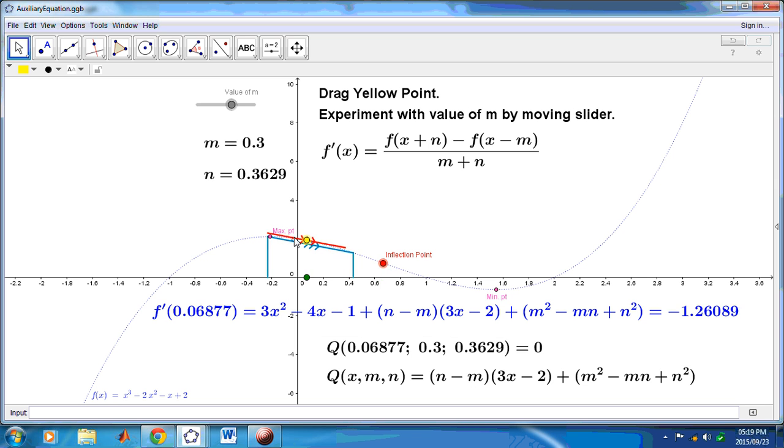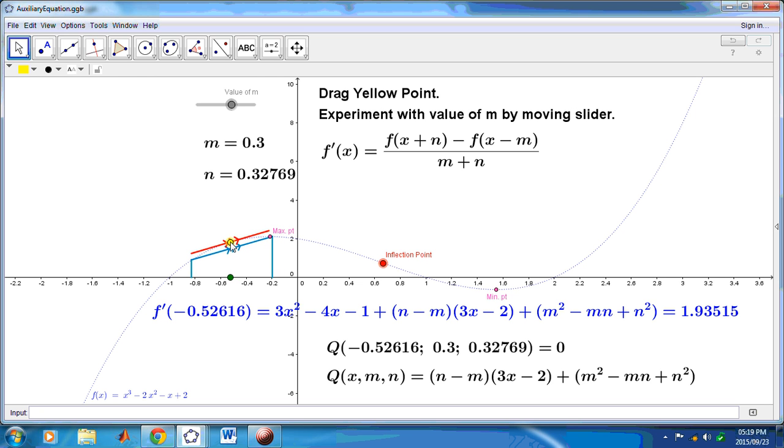In the new calculus, in order for a curve to be differentiable at the yellow point, it must be both parallel to at least one secant, and Q of x m n must equal 0. So those two conditions are required.